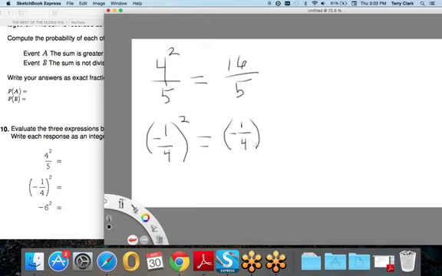Negative 1/4 times negative 1/4. But double negatives when you're multiplying is going to give you a positive outcome. So we just simply go 1 times 1 is 1, and 4 times 4 is 16. Now the reason why that answer is positive is because whenever you multiply 2 negatives together, your answer is positive.